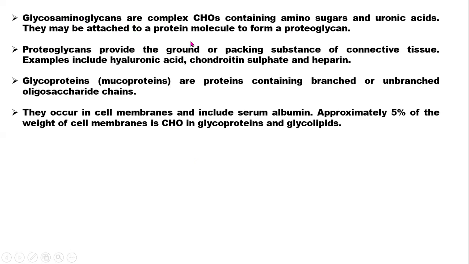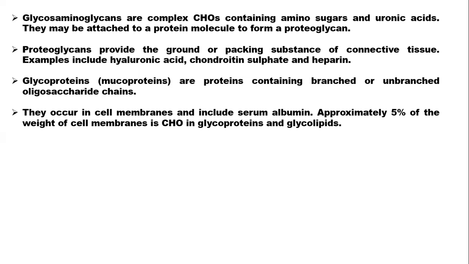Glycosaminoglycan in which the carbohydrate is attached to protein. Proteoglycans provide the ground or packaging substance of connective tissue. So this is their importance. They are important in connective tissues. Examples include hyaluronic acid, chondroitin sulfate, and heparin. They are all examples of what?